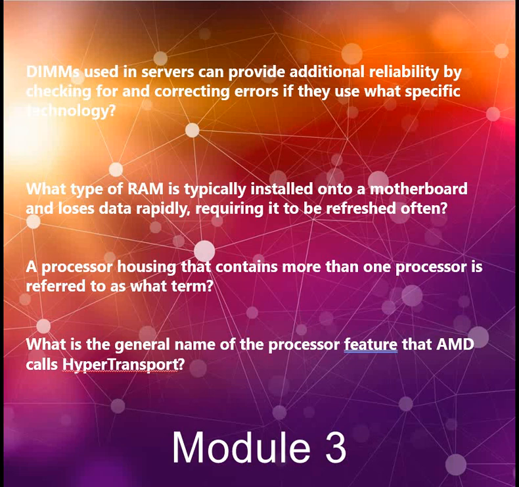Right? That's what virtualization does. Multiprocessor platform, that is incorrect, and so is multi-core processing. So the general name of the processing feature AMD calls HyperTransport is multi-threading, like we said in question 7. Multi-threading is the correct answer, and you can find this information once again on page 117.